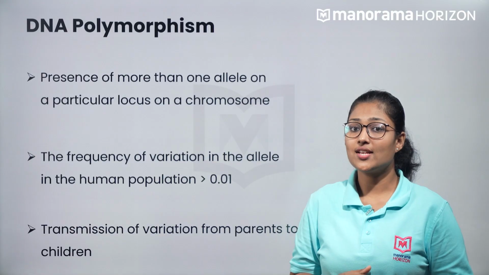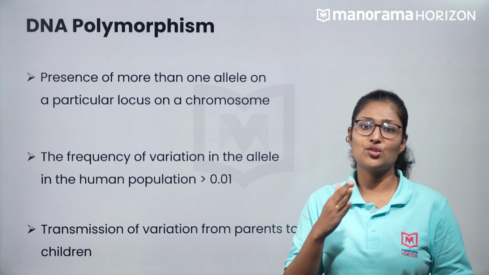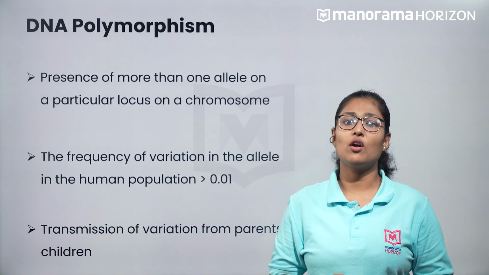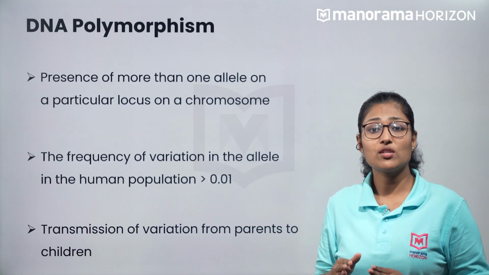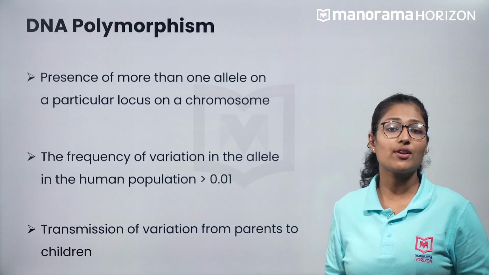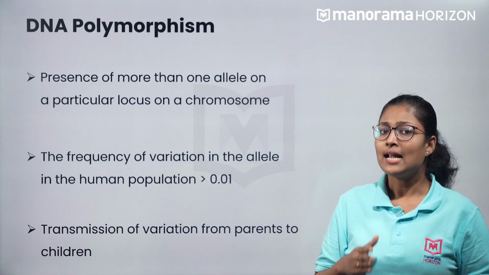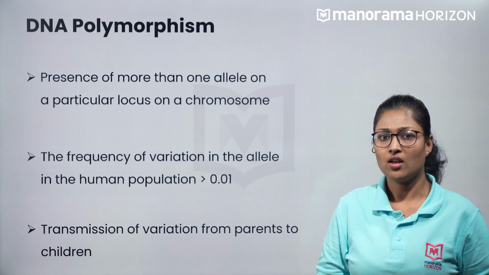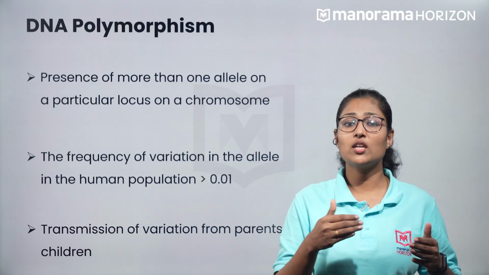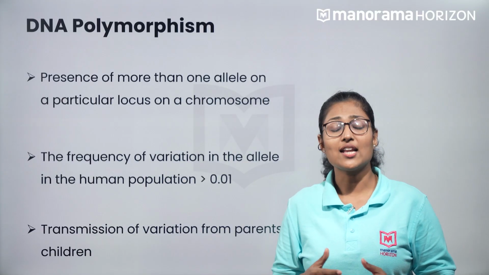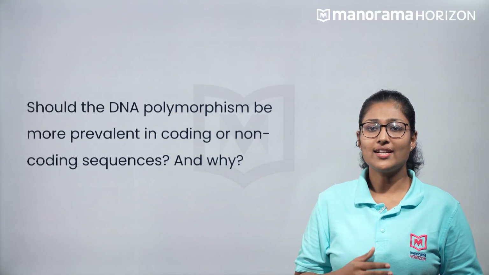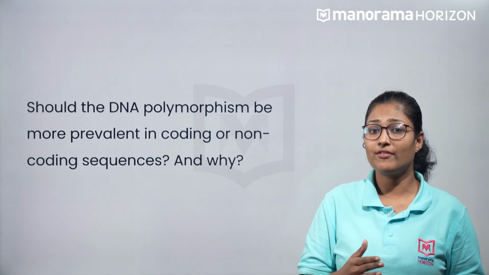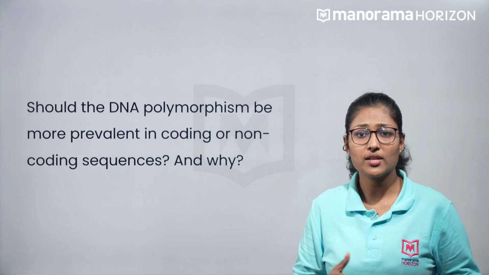The variation is transmitted from parents to children. This is possible only when the new allele is not harmful and allows the organism to survive and reproduce successfully. Let me ask you a question here. Now that you know about the protein coding DNA sequences and the non-coding sequences, should the DNA polymorphism be more prevalent in coding or non-coding sequences?